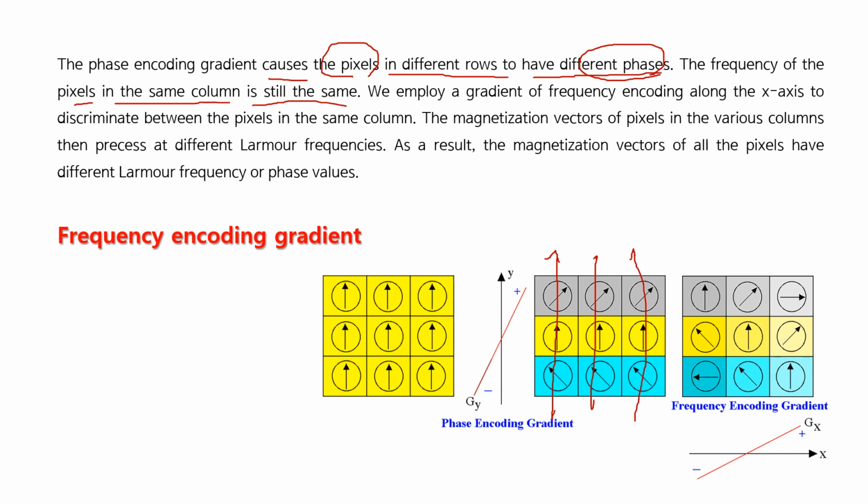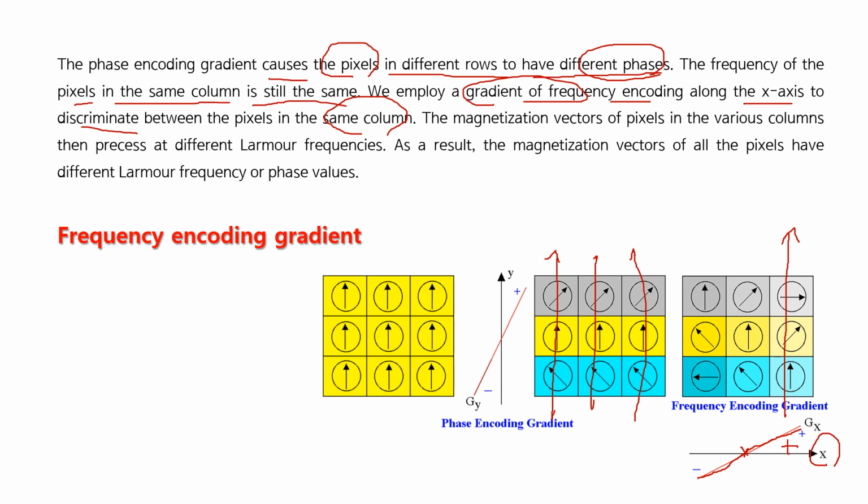So we employ a gradient of frequency encoding along the x-axis to discriminate between pixels in the same column. So in this x direction, we apply this kind of gradient field. So then the magnetization vector at this column precesses faster, I speak for plus, right?